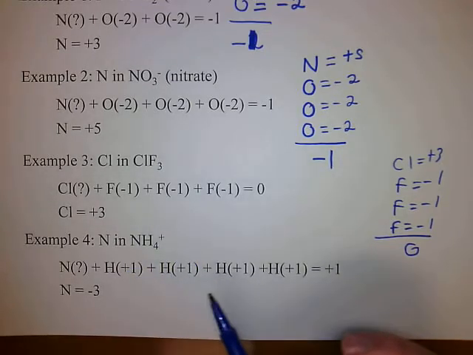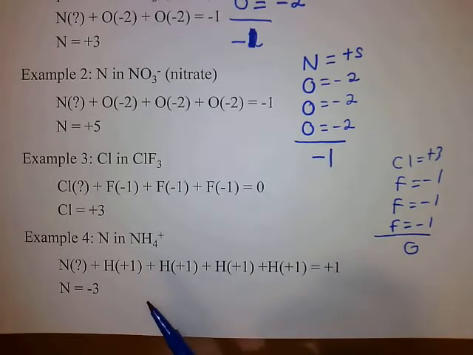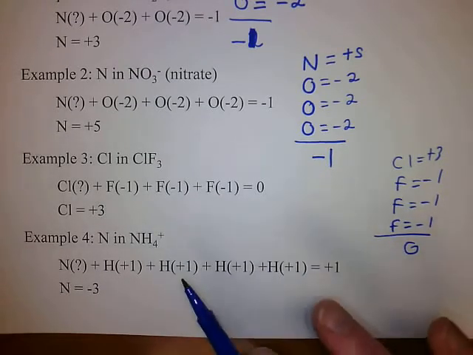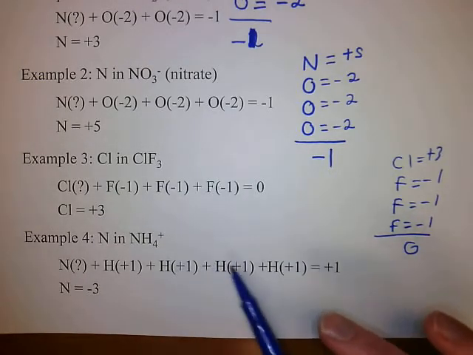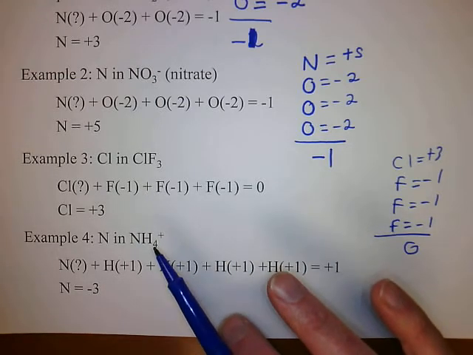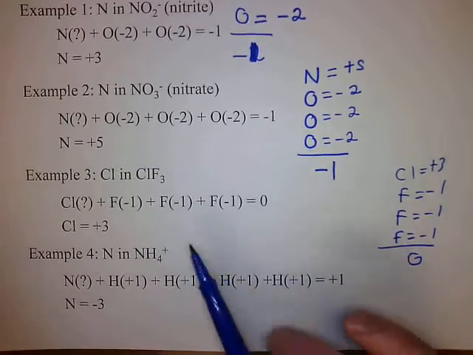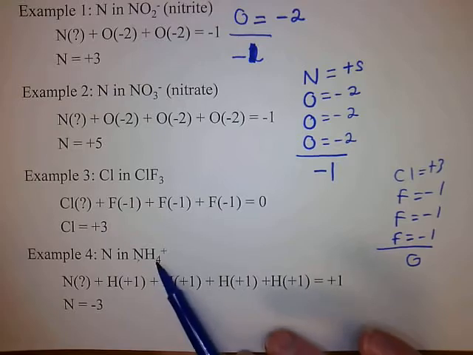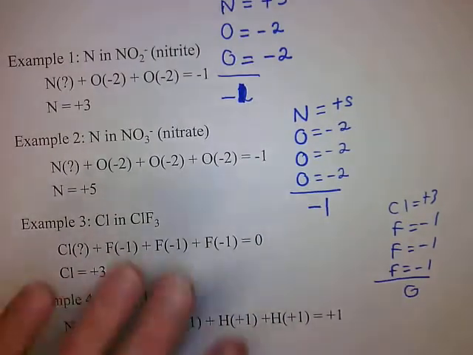Well, we know the hydrogen is always +1 when combined with nonmetals. So 4 hydrogens would be +4, therefore the nitrogen would have to be -3. In other words, -3 plus 4 adds up to the charge, which is +1.